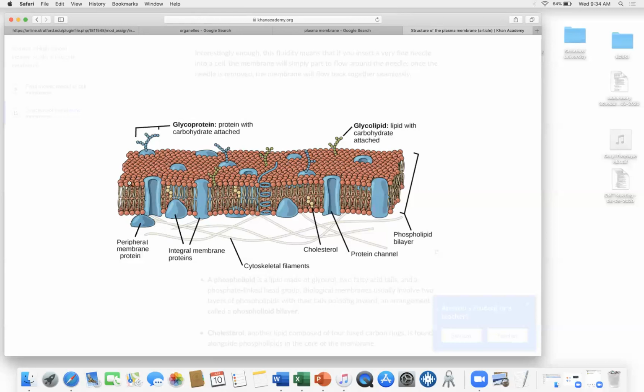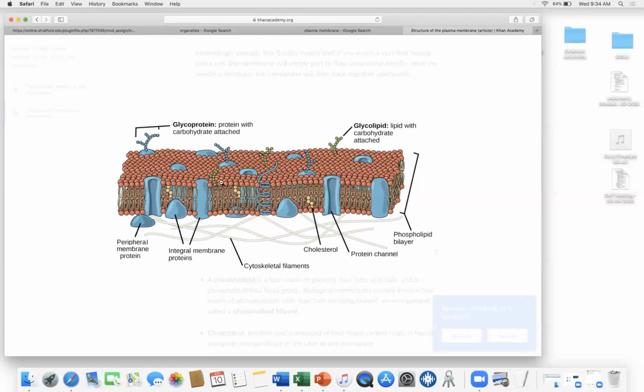So all of this, all these little heads, these phosphorus heads that are in reddish orange here, those are hydrophobic. Now, these here, these lipid chains, they form together, and you see how they're all connected here, and it forms a double wall of phospholipid bilayer.